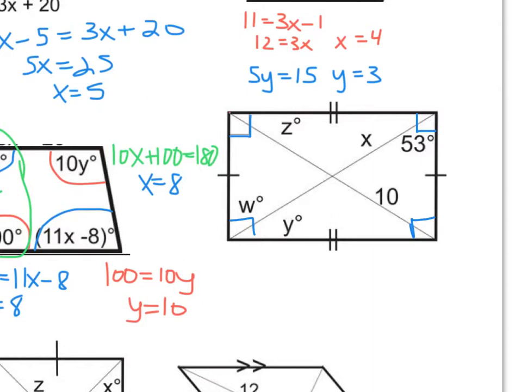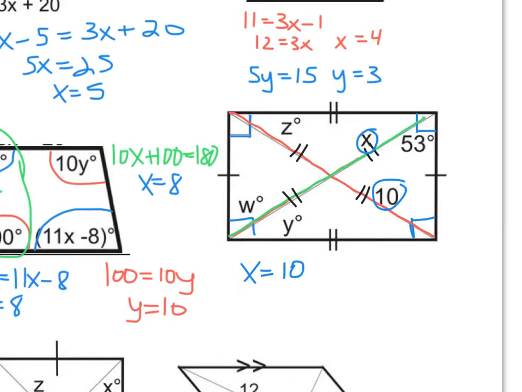The other thing is that the diagonals of a rectangle are congruent. So this red is equal to the green. And what effectively happens is that all of the piecey parts of my diagonals are congruent. So in this case, x would be equal to 10.